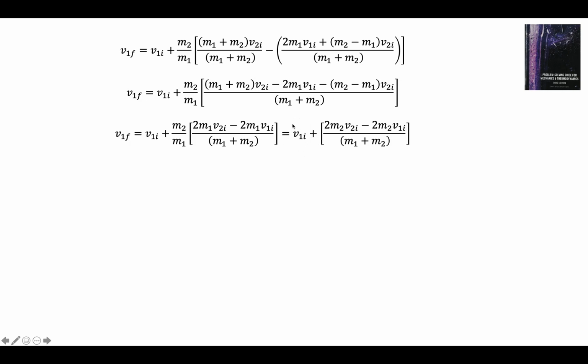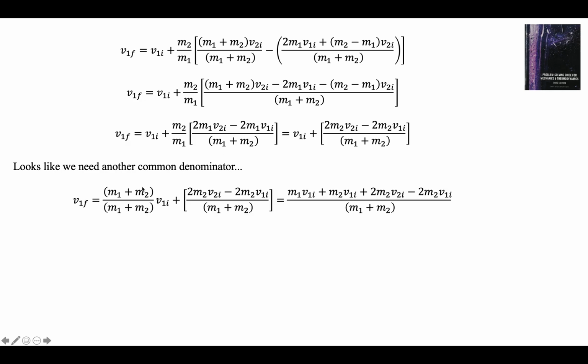Now we need another common denominator for this V1 initial out front. So there it is, and we're left with this. We have minus 2 m2 v2 initial and plus m2 v1 initial. We can combine those and factor this out. This stays, and we have m1 minus m2 times v1 initial. And that's exactly the same as the other one, but the subscripts are reversed.